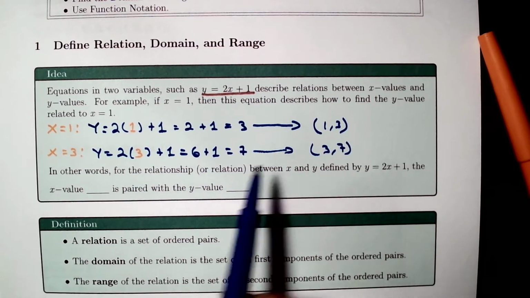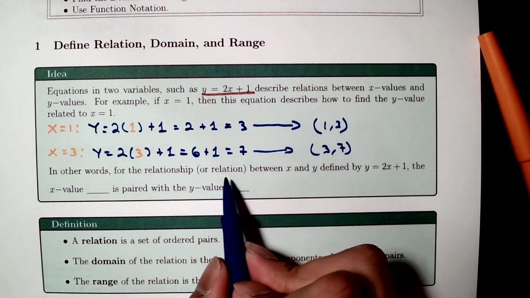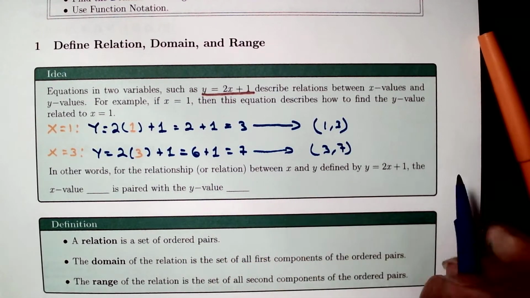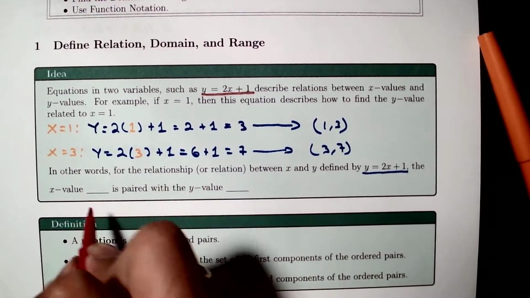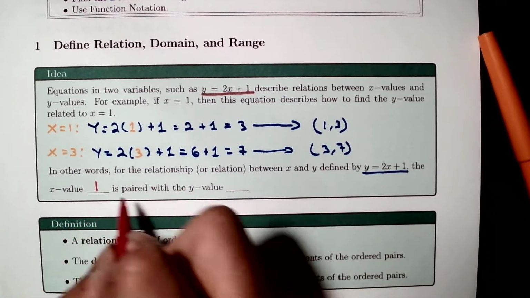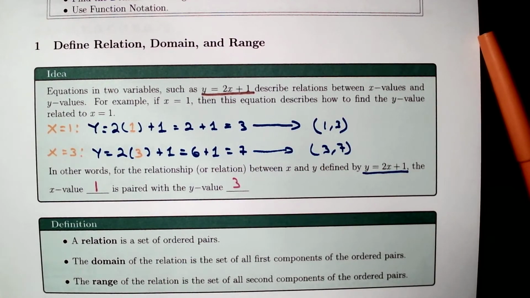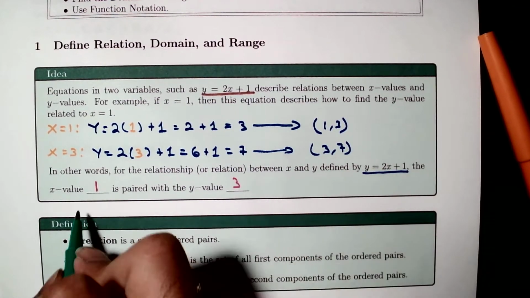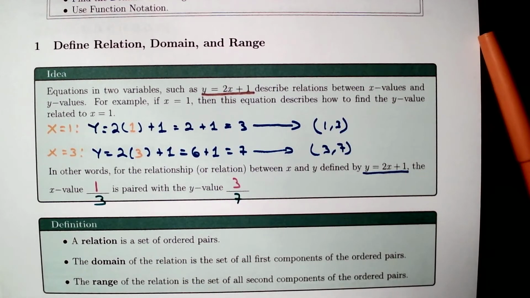So what is this in other words? For the relation between x and y defined by y equals 2x plus 1, the x value of 1 is paired with the y value 3, and, using a different color, the x value of 3 is paired with the value 7.